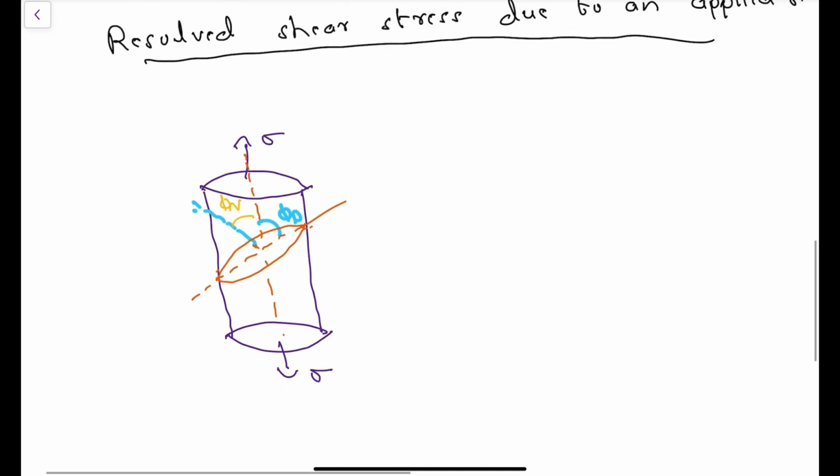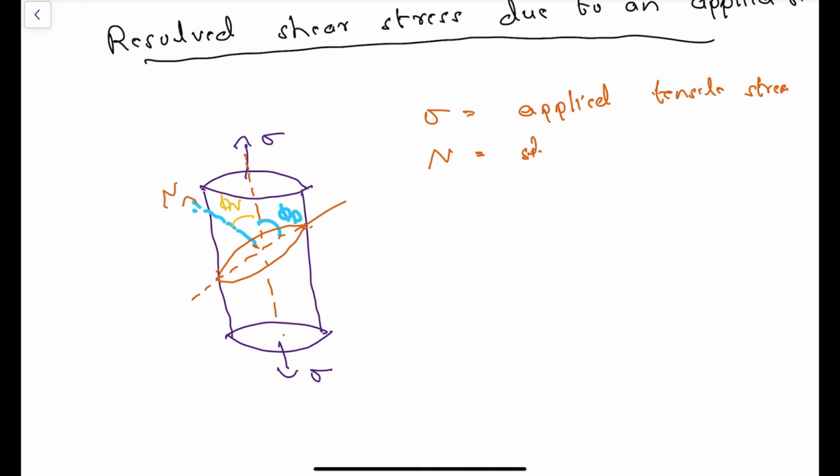Here sigma is the applied tensile stress, and n is the slip plane normal. The inclined plane is our slip plane, and d is the slip direction.